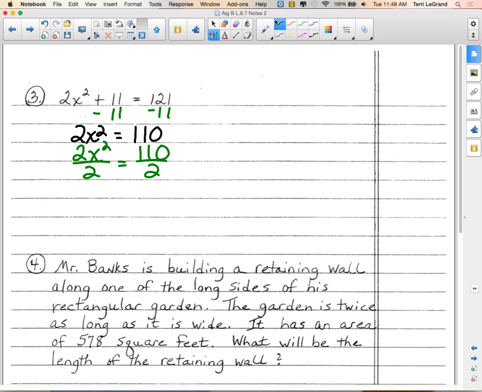And then we're going to have x squared equal to 55. Is 55 a perfect square?